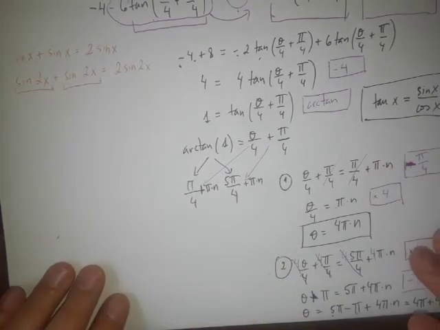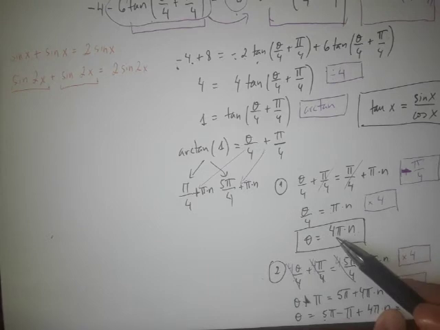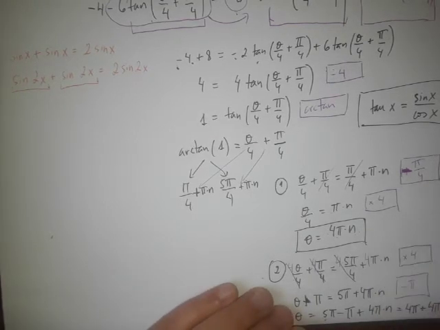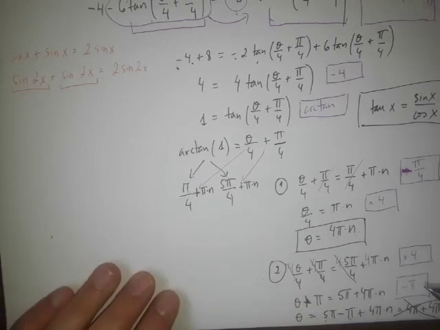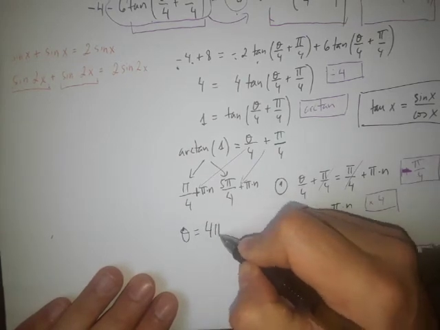We only need one for the tangent. If we add 4 pi to 4 pi, there's going to be 8 pi, right? So we already have all solutions in here. We don't need this. So that's enough, okay? So this is the solution. So theta equals 4 pi times n.